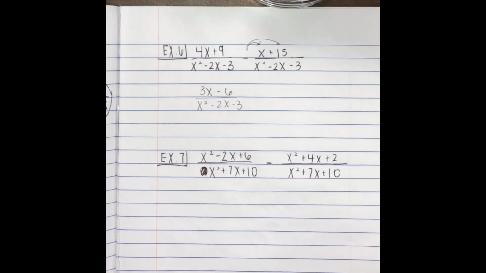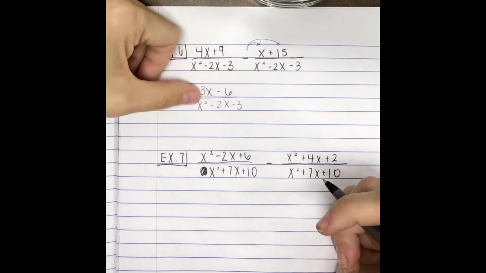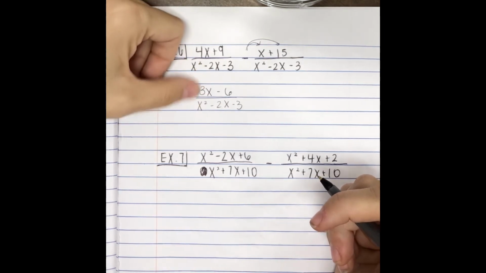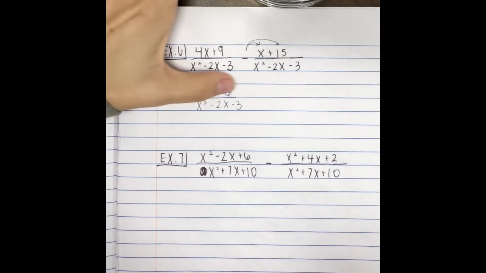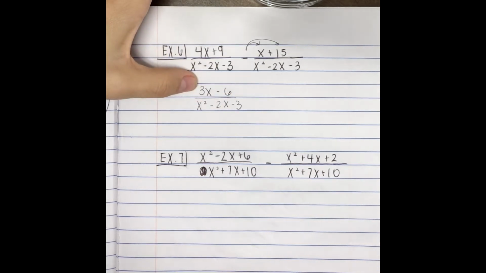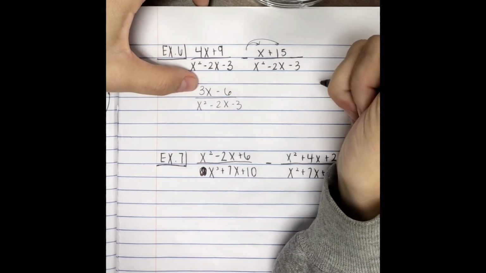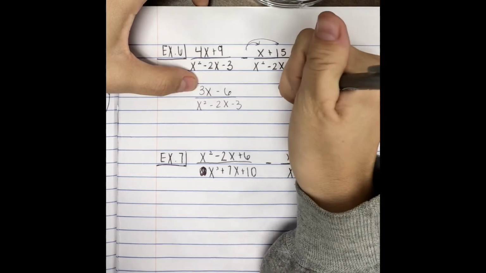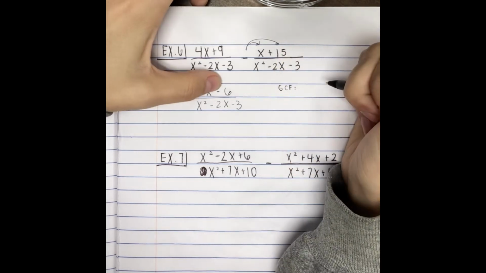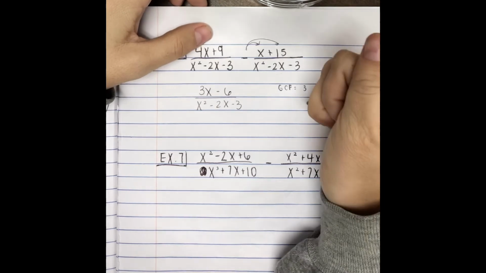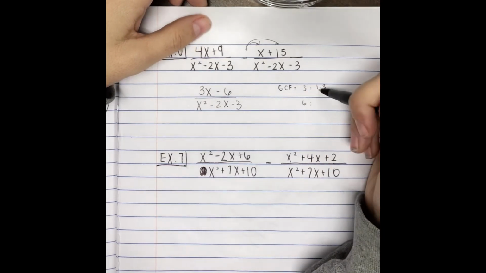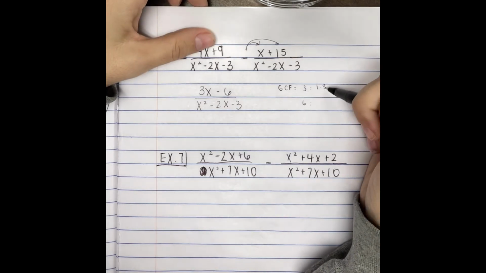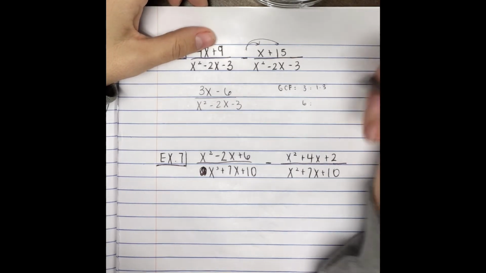Okay, so I want to factor both the top and the bottom to see if there are any common factors. So my two terms, my binomial on top, 3x minus 6, with two terms, all I can do is find the GCF. They don't both have an x, so we're just going to look at 3 and 6. 1 times 3 are the only factors for 3, so the only ones that they could have in common.